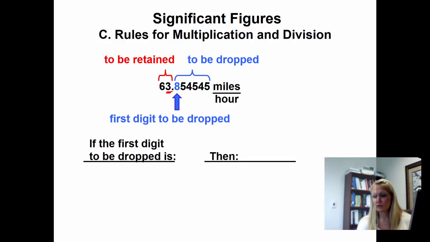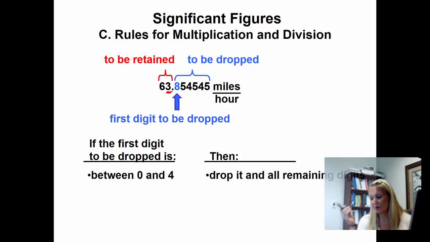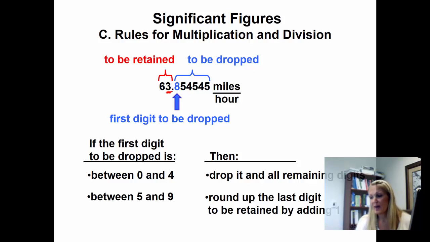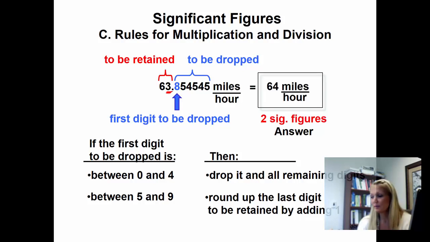The rules for rounding are: if that number in blue is between 0 and 4, you drop it and leave the remaining digits as they are, so you round down. If it's between 5 and 9, you have to round up. I need 2 sig figs, which was set by looking at the sig figs in my problem. And since it's an 8, I have to round up, and so my answer is going to be 64 miles per hour.